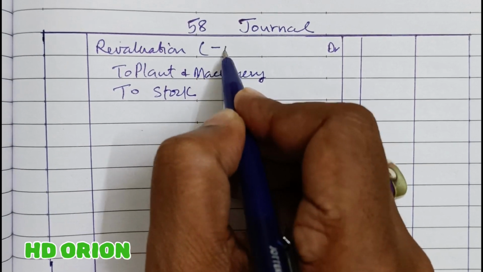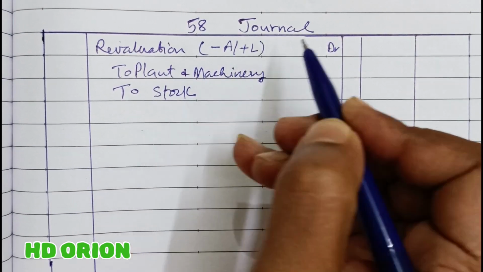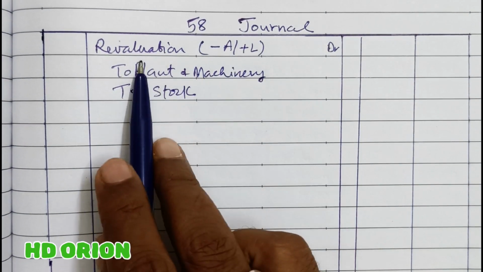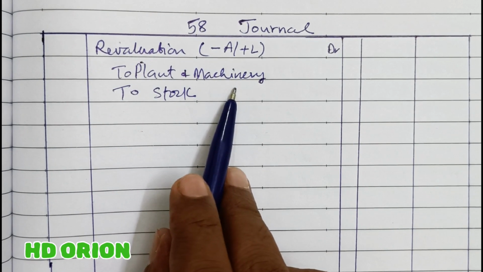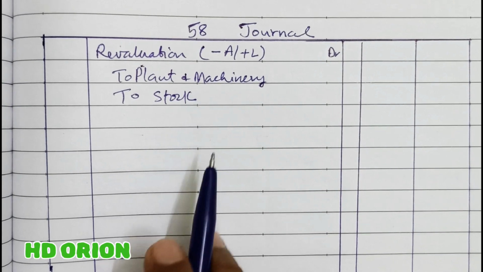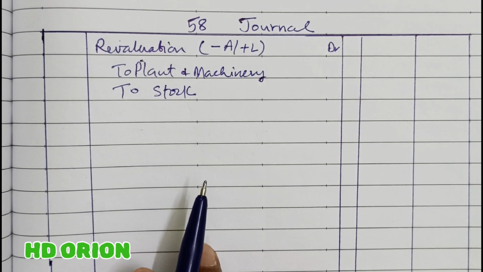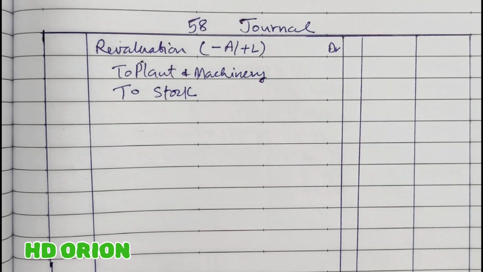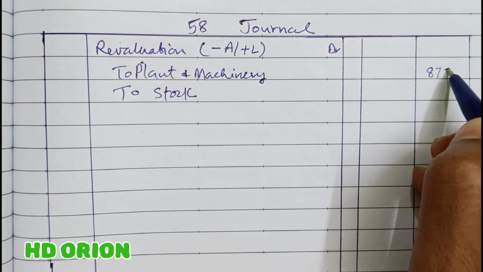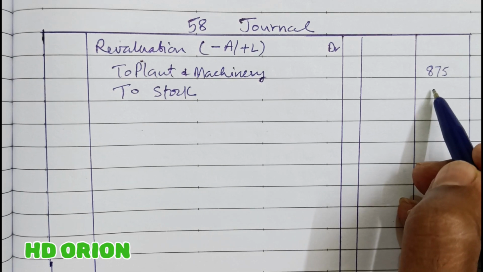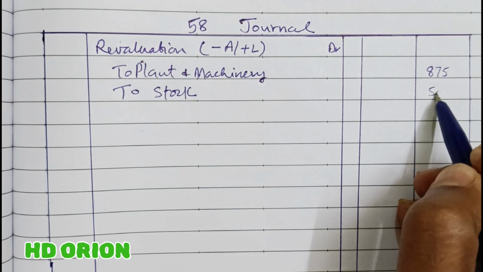We know that decrease in asset or increase in liability, for this reason, revaluation account is debited and they are reduced by 5%. Plant and machinery is of rupees 17,500 and 5% of which is 875 and stock is 10% of 10,000 is rupees 500.